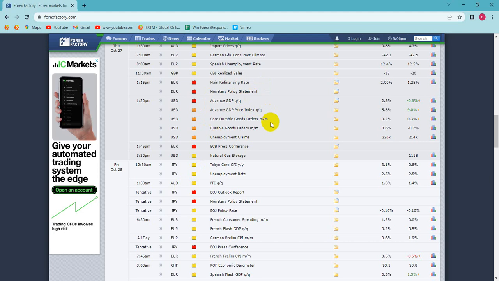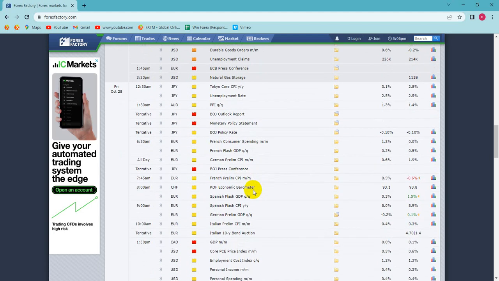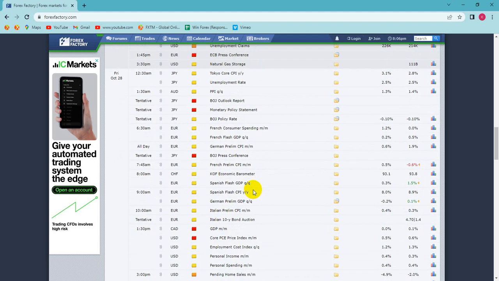And then on Friday, wow, that's lovely. On Friday, we are going to see BOJ outlook report, a monetary policy statement. So on Friday will be another big day for JPY pairs because of these red folders. BOJ press conference.